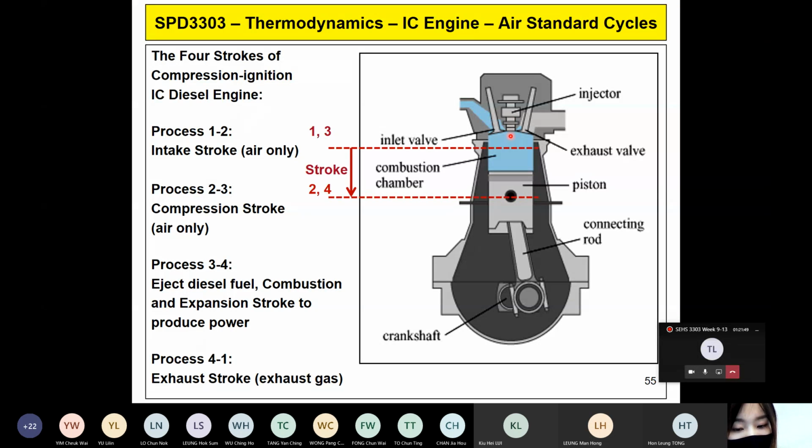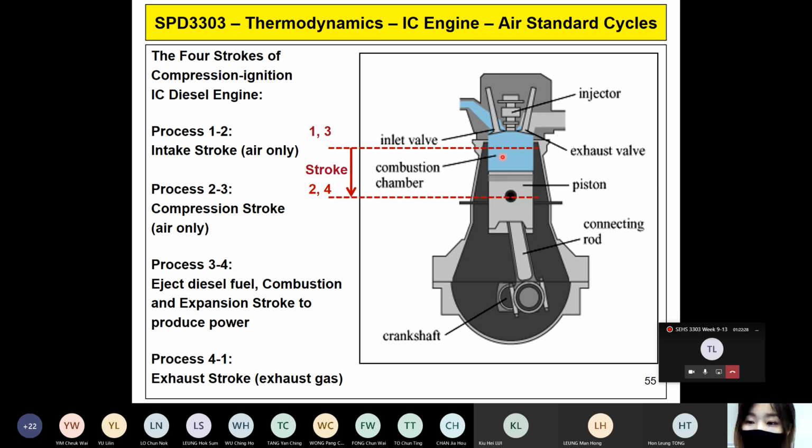By injecting the diesel fuel, you should pay attention here. In a gasoline engine, we assume constant volume combustion. Professor Liang has told you that because the combustion is very fast, the time is less than 0.01 seconds, so we can ignore the movement of the piston. So what we have is constant volume combustion.